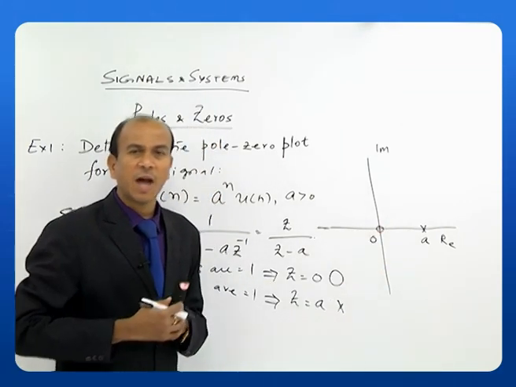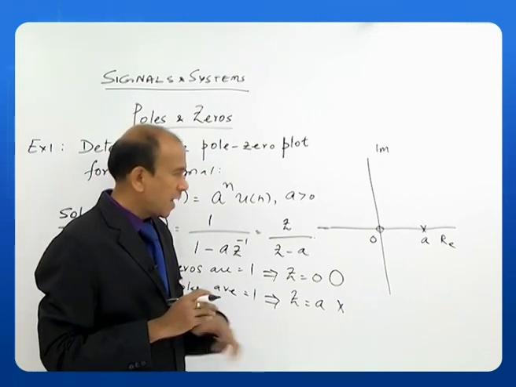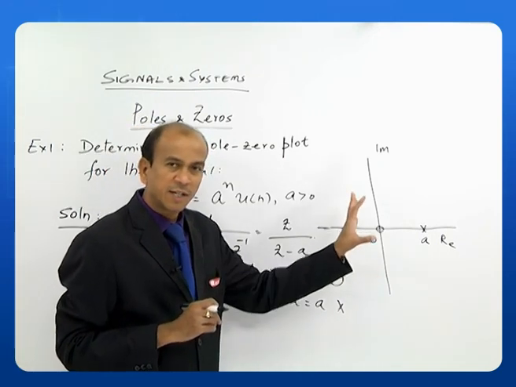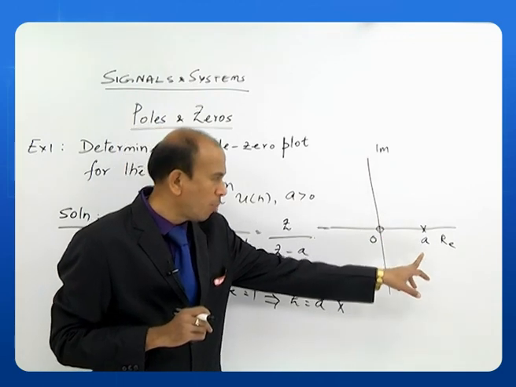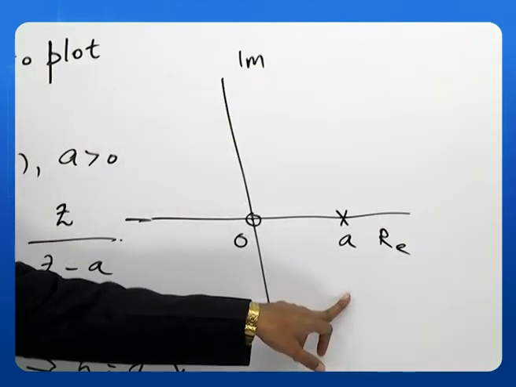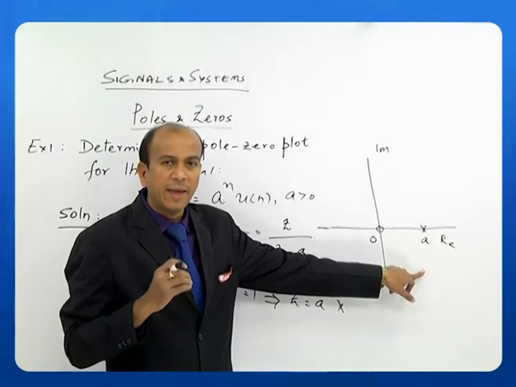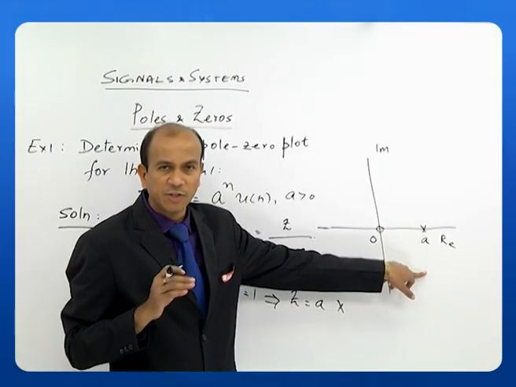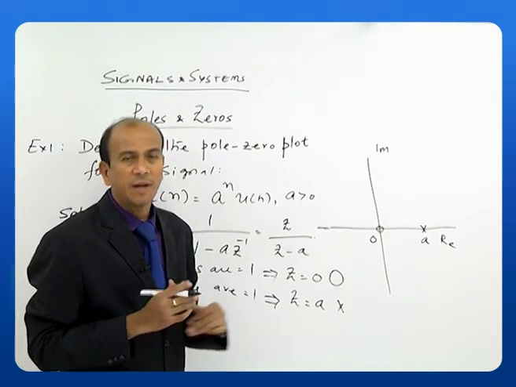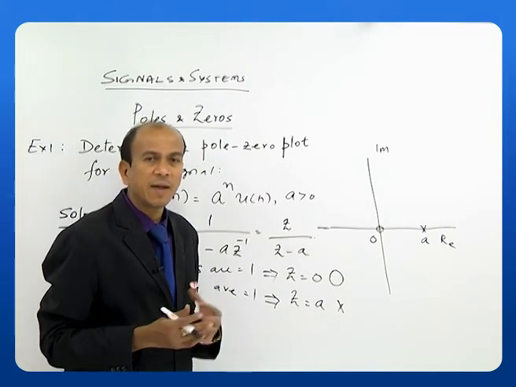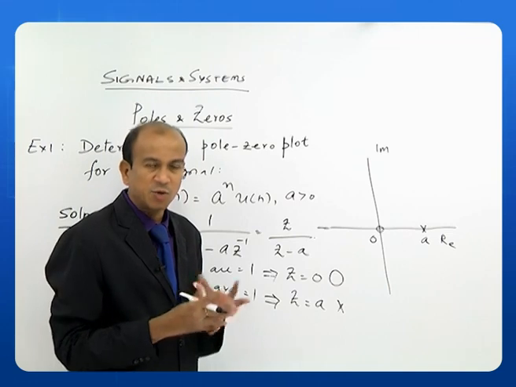Now how do I find the ROC for this? If you look at this, the ROC does not include the pole a. Why? Because the definition of a pole says that the pole will make X of z diverge. So the ROC must not contain the pole. If it contains a pole, then it diverges, that means there is no convergence.